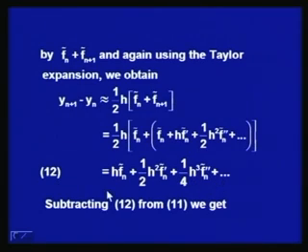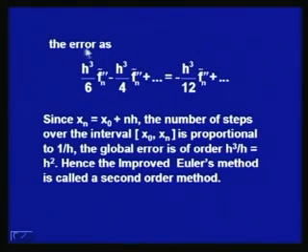Now, if we subtract equation 12 from equation 11, we will get the error as h cube by 6 f_n double dash cap minus h cube by 4 f_n double dash cap and so on, which is equal to minus h cube by 12 f_n double dash cap and so on. So, the error here is of the order of h to the power 3.